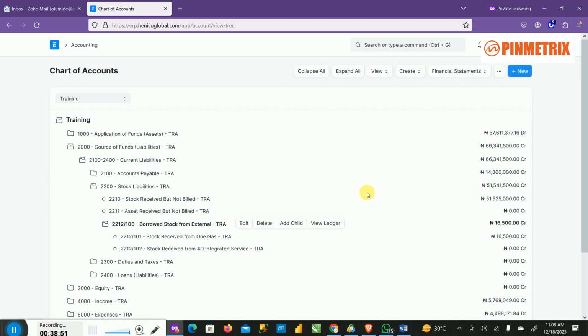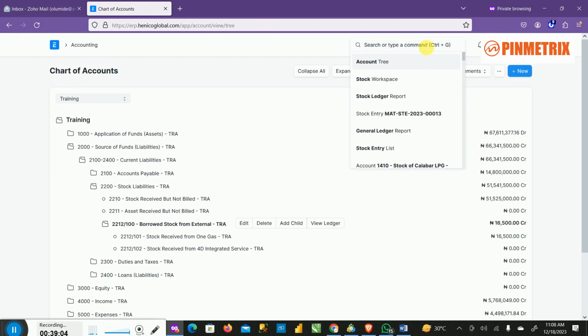Now, when you need to return the product to the customer, to the external party, how do you return this product to them? The same way you receive the stock is the same thing you are doing.